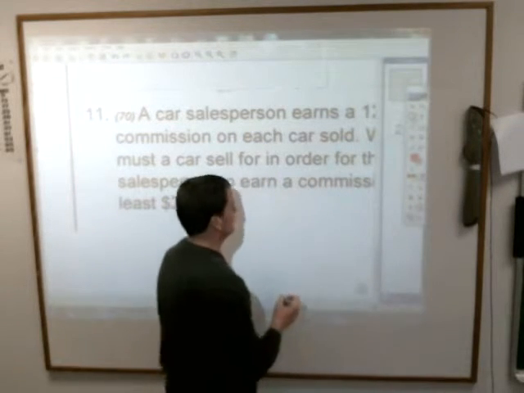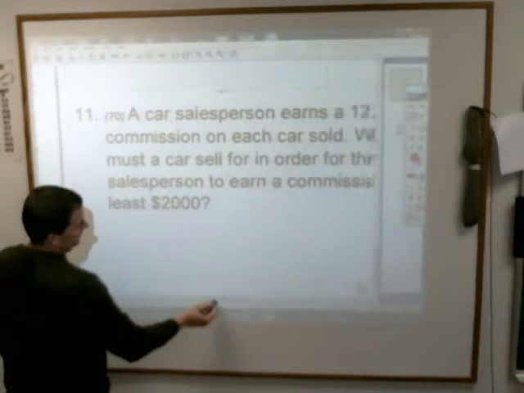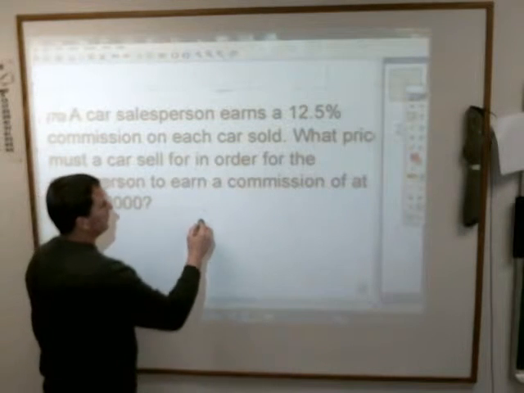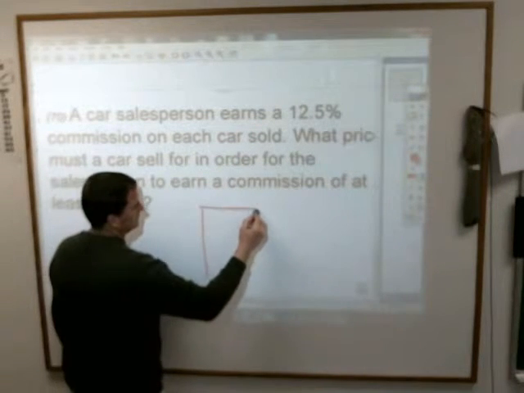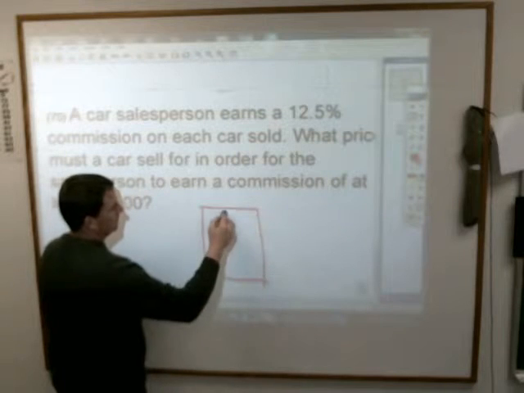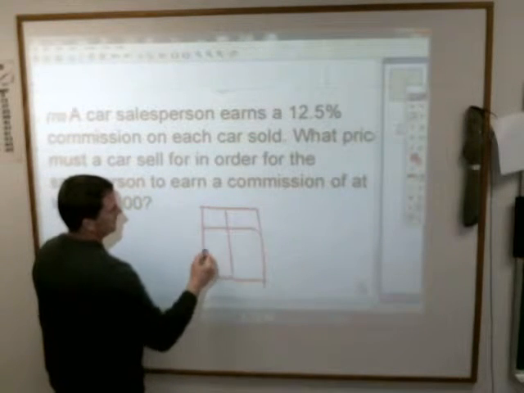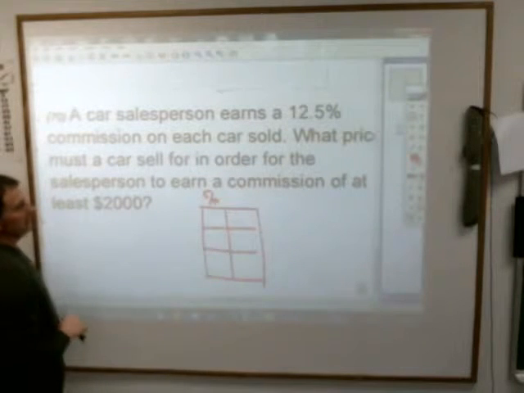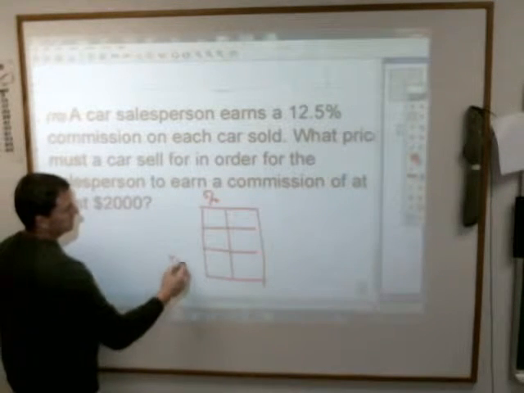So right here. Alright, Emma Christ says, a seller earns 12.5% commission on each car sold. What price must the car sell for the salesperson to earn commission? So if you draw your fraction table, I'm talking about percentages here. What am I splitting my total cost of the car into?